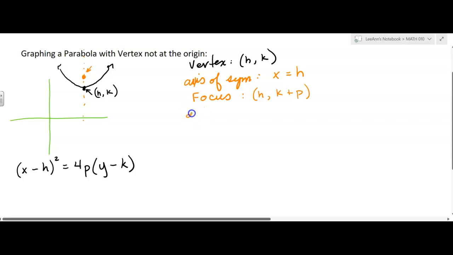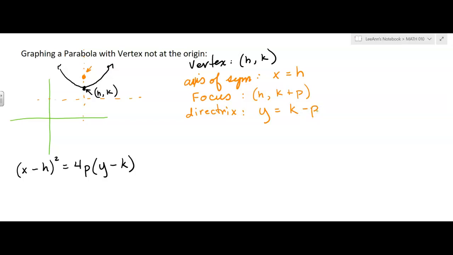The directrix, well, that's got to be on the other side, and it's going to go this way. So it's going to be a y equals line because it's a horizontal line, and it's going to be k minus p. So you can think about that a little bit, but you're going up k to get to the vertex, then you got to back up p amount.